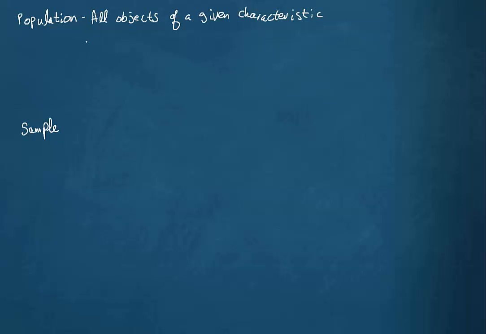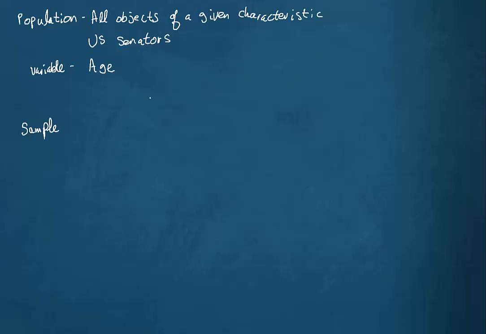For example, we might study the U.S. senators. And the variable that we might be studying would be their ages. So our population would be the U.S. senators, and the variable would be their ages.